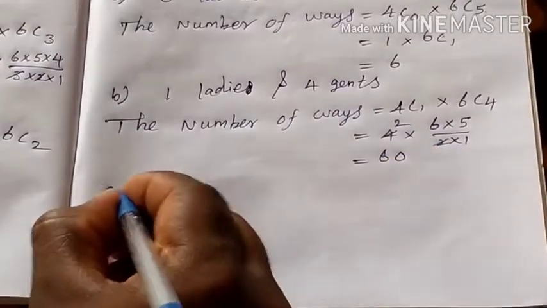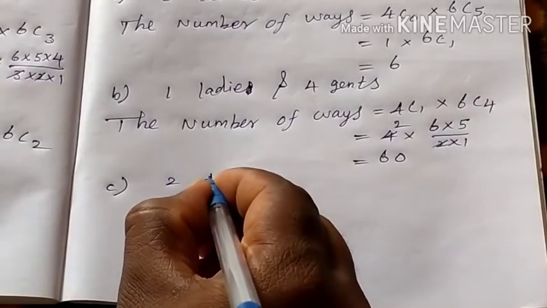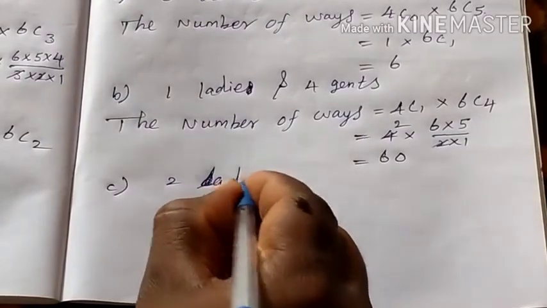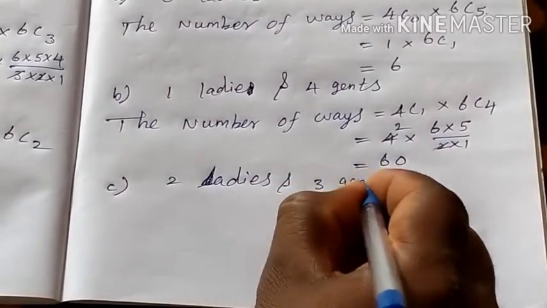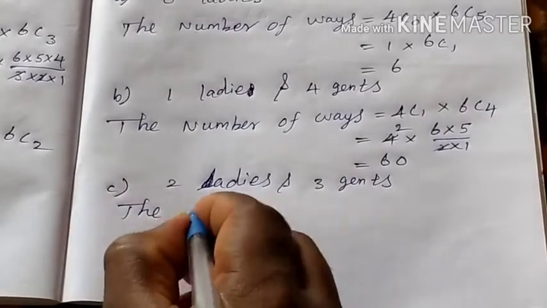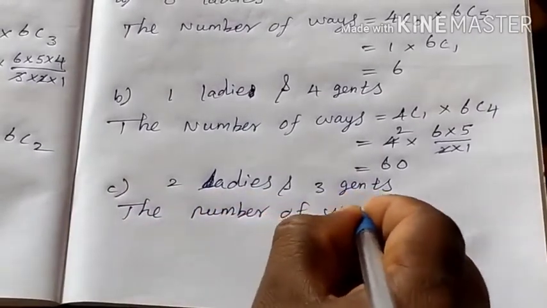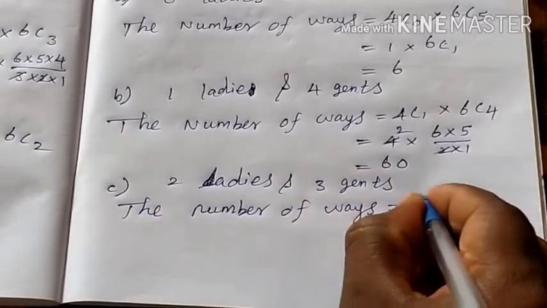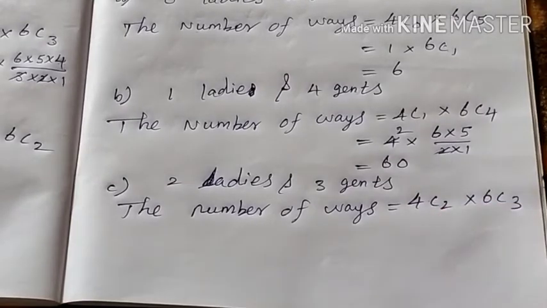Then the third one is 2 ladies. The 2 ladies and 3 gents are selected. So the number of ways equals 4C2 into 6C3.